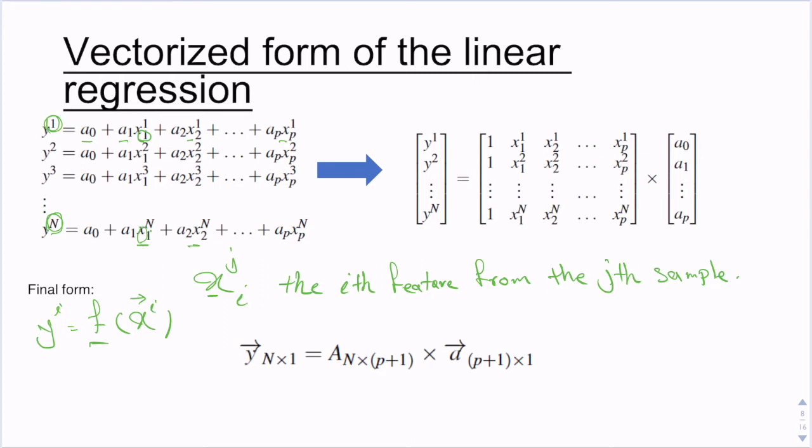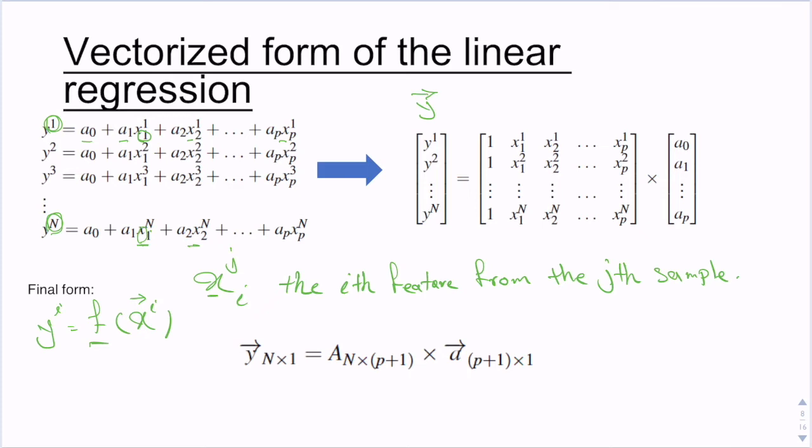If I rewrite this in a vectorized format, then I'll get this: a vector, this is the vector y. So this is the vector of samples.